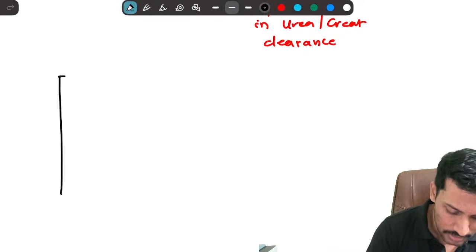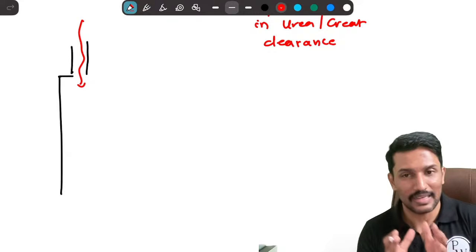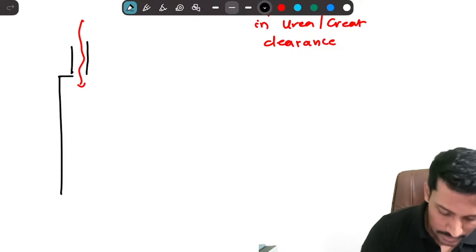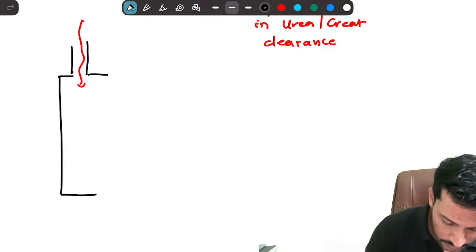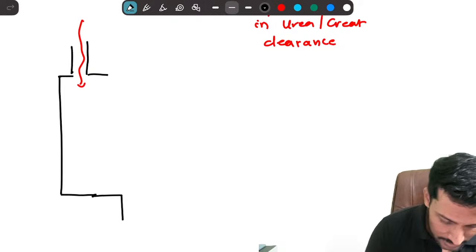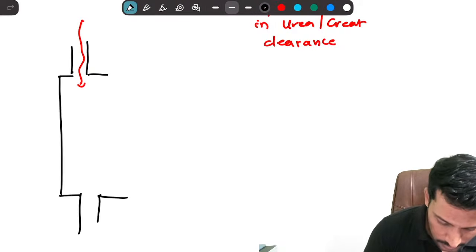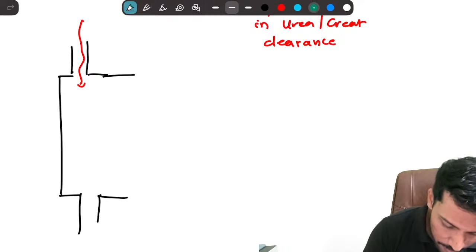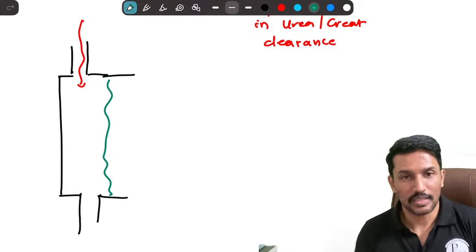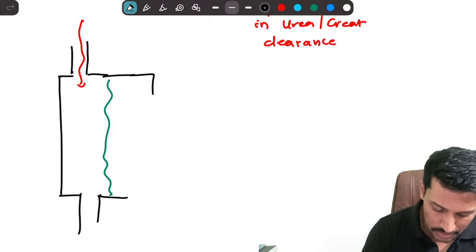So in hemodialysis, we make the blood enter into a chamber called as dialysis chamber or dialyzer. In this dialyzer, there will be an entry and an exit point, and there will be a membrane inside separating two sections of this chamber.